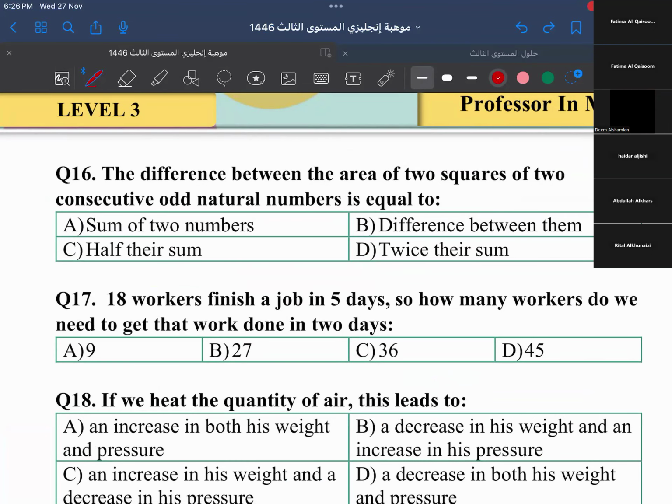The difference between the area of two squares of two consecutive odd natural numbers is equal to. So, is there anyone who understands what this question wants from us? It is a bit confusing. Okay, so this question is basically saying that between the area of two squares of two consecutive odd natural numbers.